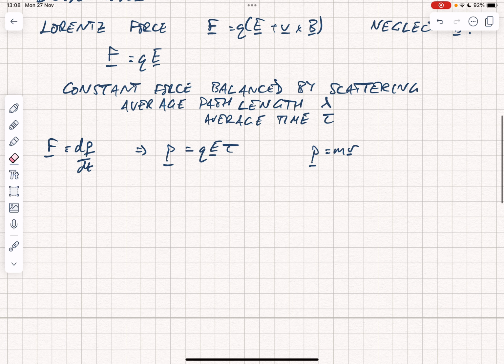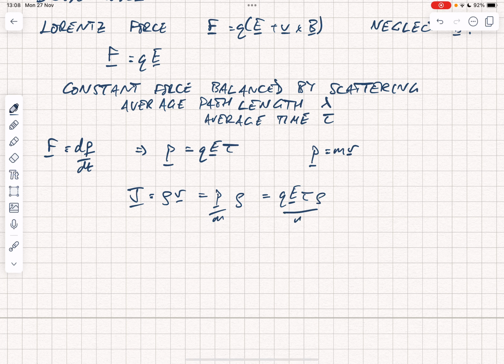We can write the following. So we're going to say that J is equal to rho times v, which is equal to p over m times rho, which is equal to Q E tau rho over m. Or if you like, you can write that as rho Q tau over m multiplied by E.